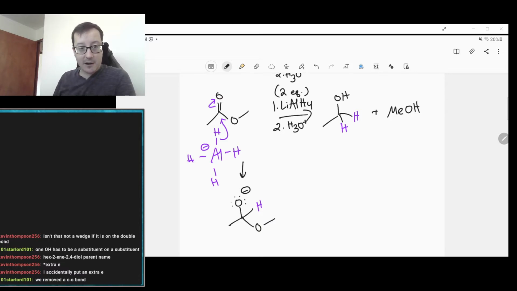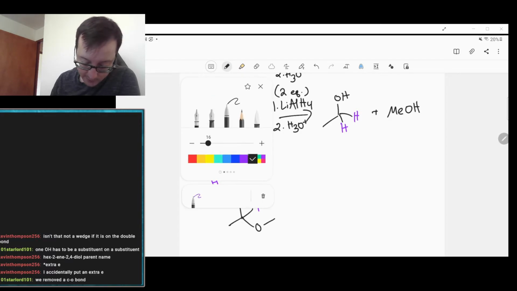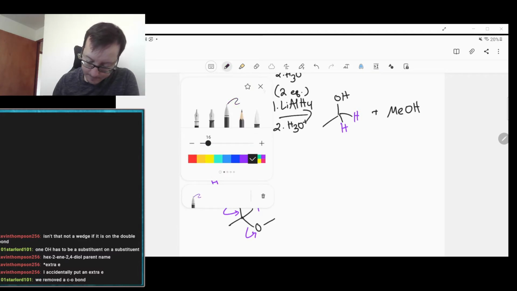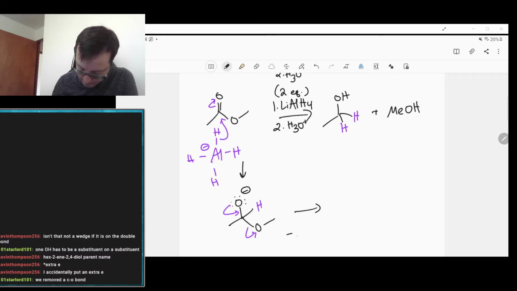Instead of stopping here, we're actually going to kick out that methoxide. Reforming a carbonyl is a pretty strong driving force. This is a reaction we're going to focus on a lot more next semester, but I'm still going to show the mechanism now so you see why we need two equivalents. So this will come down and kick out our methoxide, and so we will have now an aldehyde.